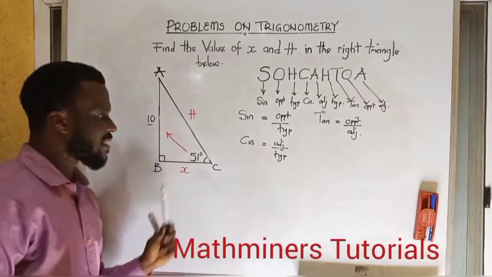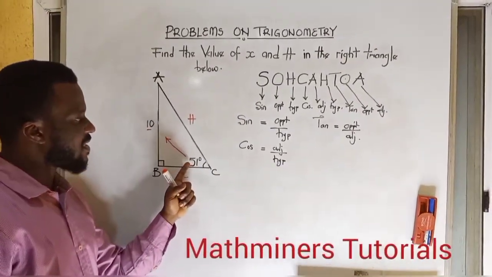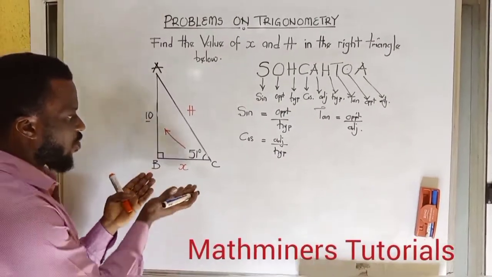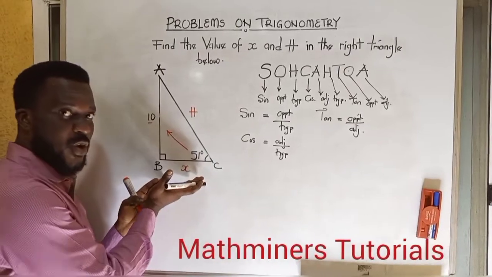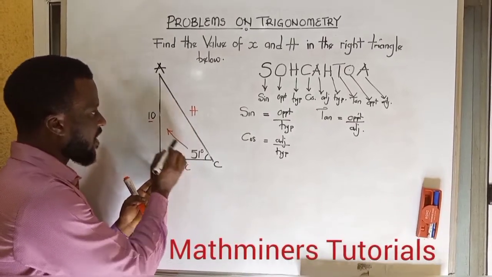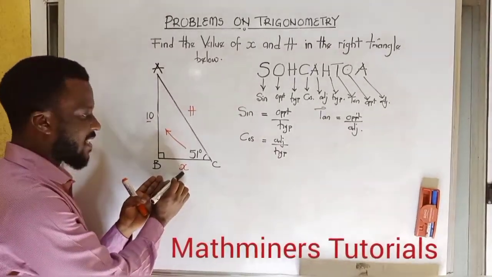To find the side BC, which is x, you are given one angle. This angle determines the opposite and adjacent. Of course, we must involve one of the unknowns. We are considering angle 51 degrees, side AB, which is 10, and side BC, which is x.